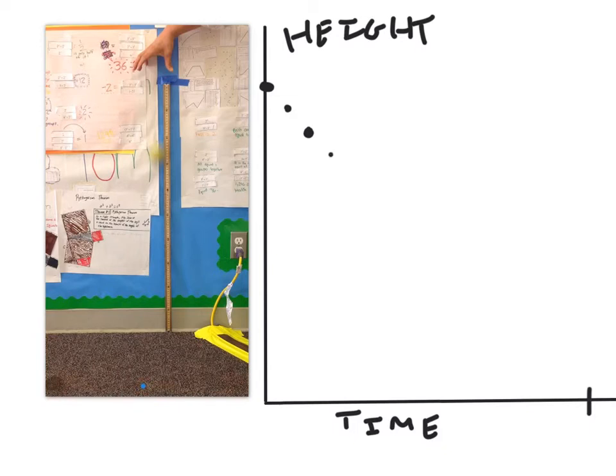There's the ball down there. The next time. And forward again, and there it's dropped a fair amount. Keep moving forward in time. And again, here's the ball down to there.